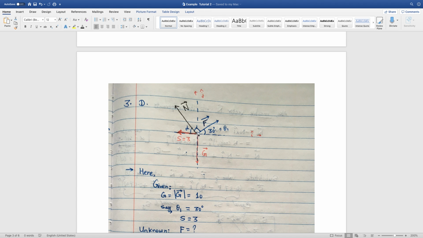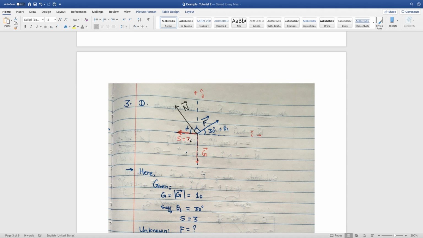We are given 3 different vectors. So vector F, in blue color, is making an angle of 30 degrees with respect to the x-axis. There is another vector N along this, and this vector N makes a 90 degree angle with respect to vector F. And then there is another vector, down here towards the negative y-axis, which is vector G, okay?